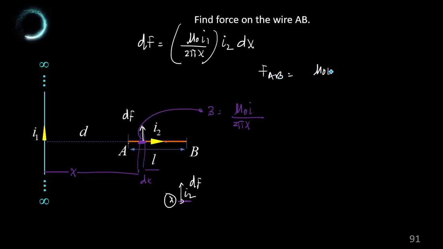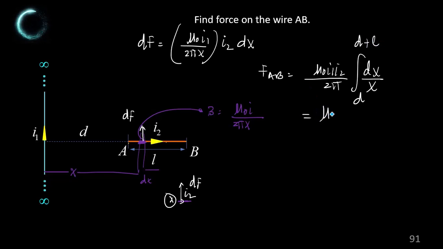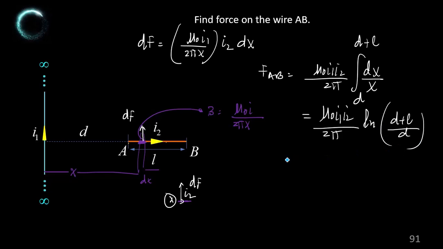Mu naught I1 I2 by 2 pi comes outside, integration of dx by x. The limit is from d to d plus l. Giving limits from d to d plus l, the answer becomes mu naught I1 I2 by 2 pi ln of (d plus l) by d. This is the answer.